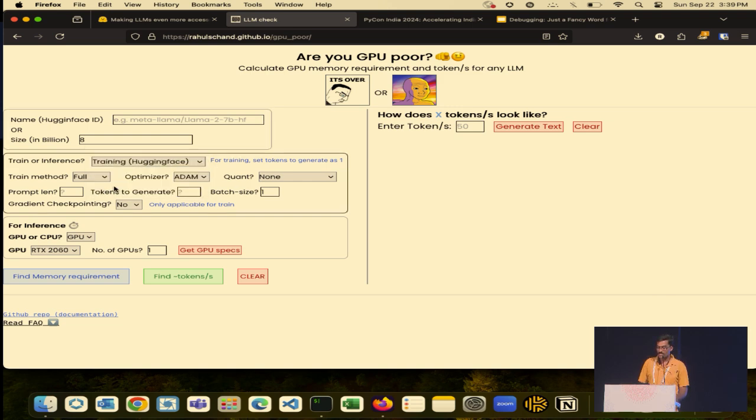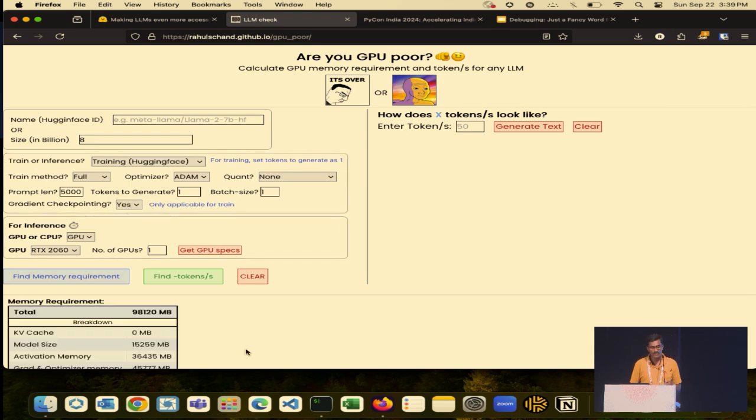If you take the training cost in the full method, without LoRA or QLoRA or any techniques, the prompt length is going to be a huge factor. Let's say on average our prompt length is 5,000, tokens to generate is nothing, and we enable gradient checkpointing.